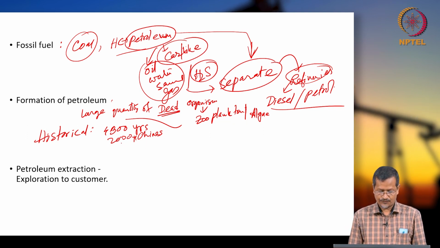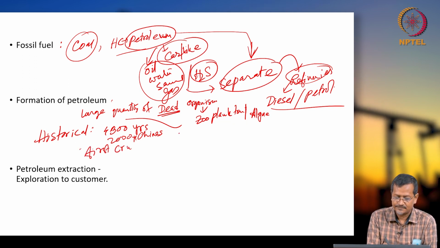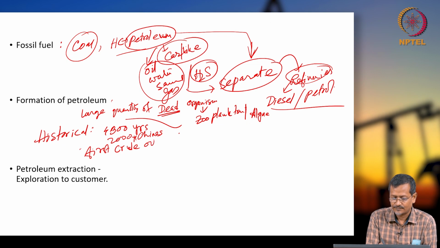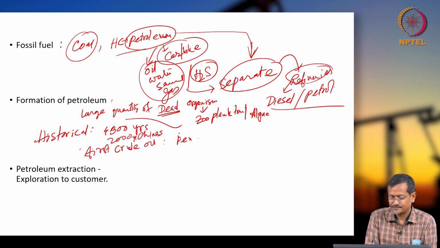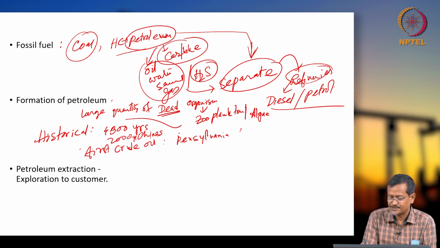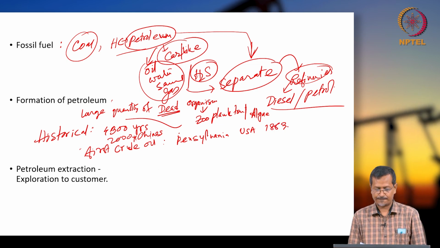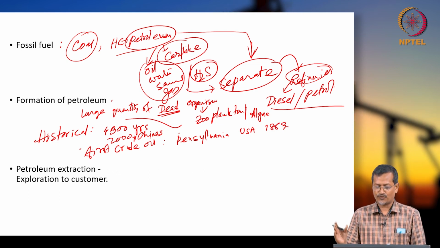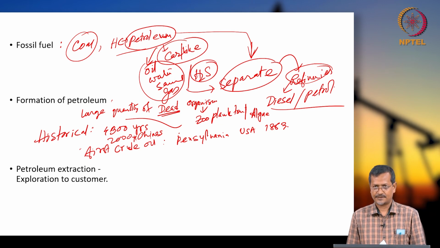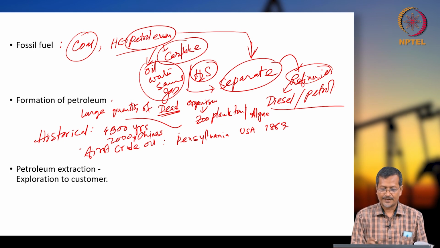Okay. So, the first crude oil in Pennsylvania, USA, 1869 they found. So, from there things moved on, and if you see Middle East and other countries also, they got crude oil after the 1950s.